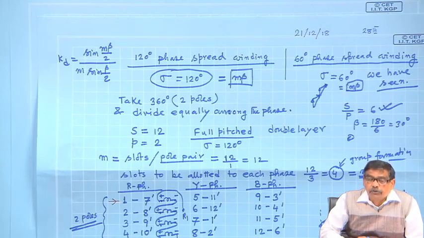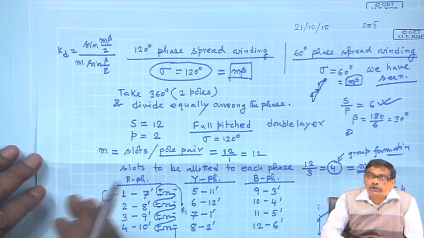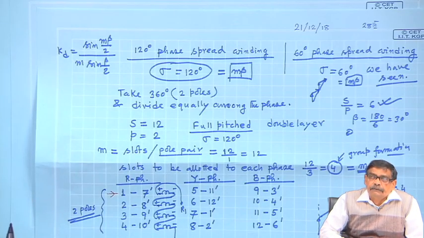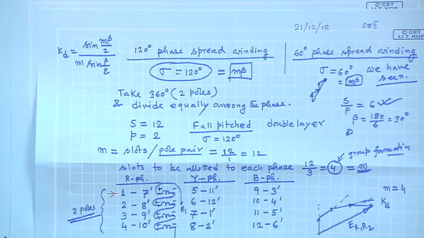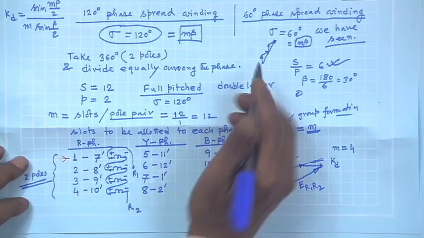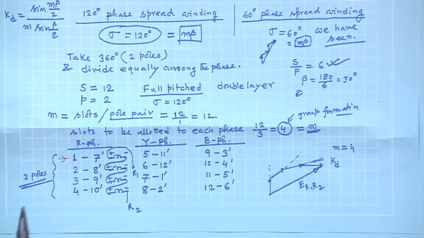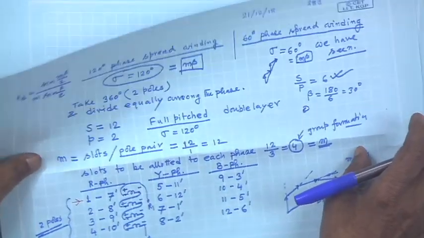You should be very careful while solving problems. For 120 degree phase spread winding, m is not equal to number of slots per pole per phase. It is rather the number of slots per phase per pole pair. That is the difference. Anyway, this K d value will be lower compared to a 60 degree phase spread winding, because we were only spreading 2 coils. So, voltage loss is less there. Anyway, this is 120 degree phase spread winding.